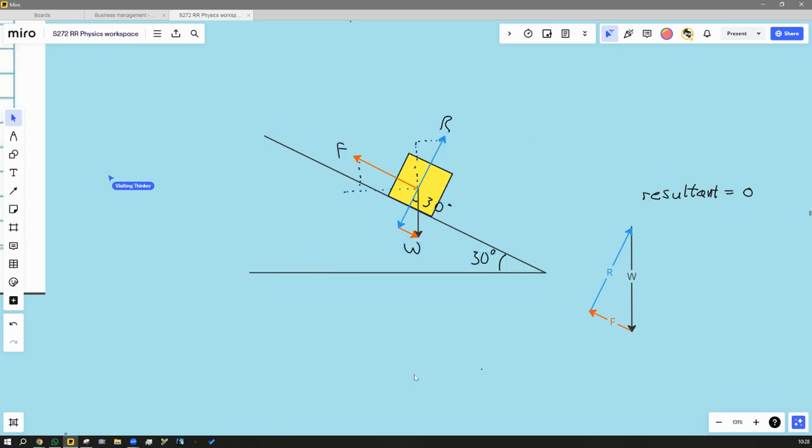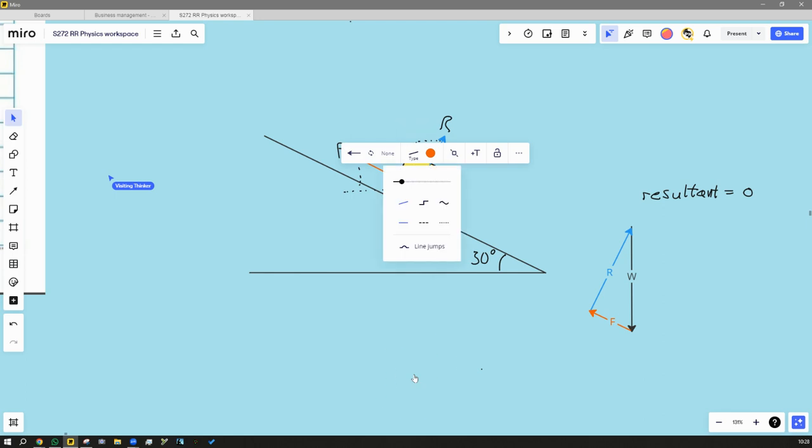So why is that angle 30 degrees? Well, let's just erase that for a moment, and we'll try to visualize why that angle is 30 degrees. So let's just draw some lines, and we're going to make sure they're dotted lines. They're nothing to do with the forces or anything like that.